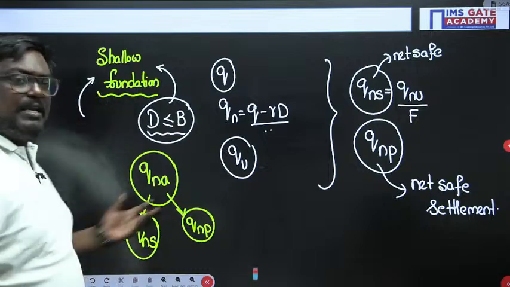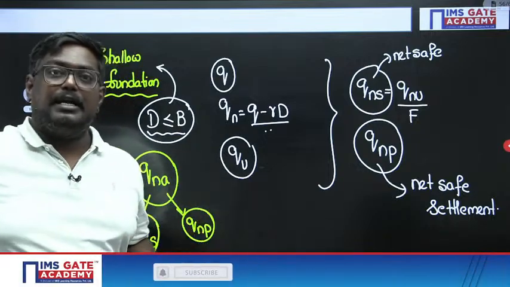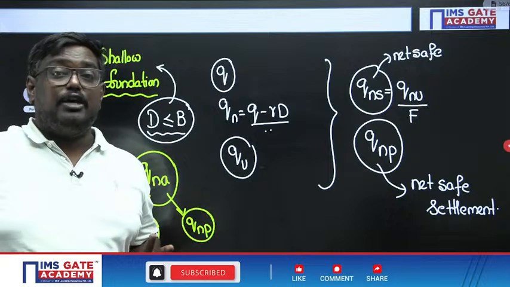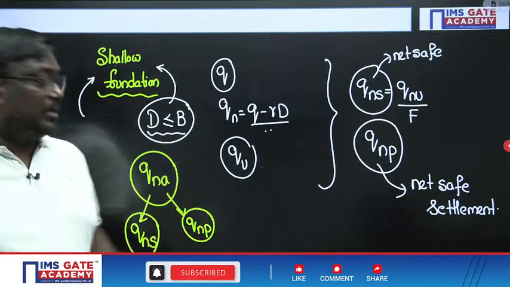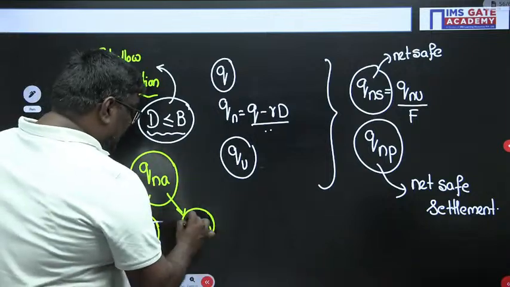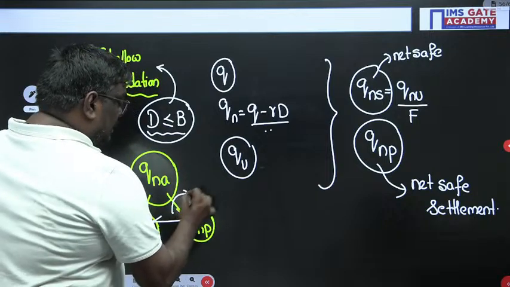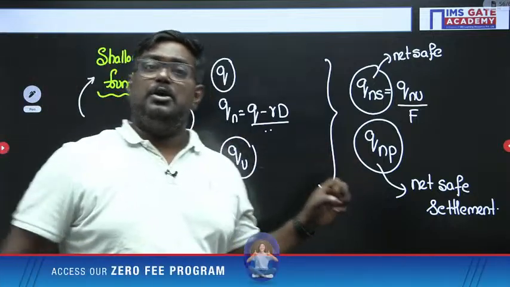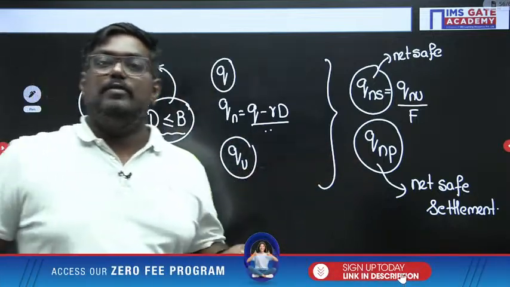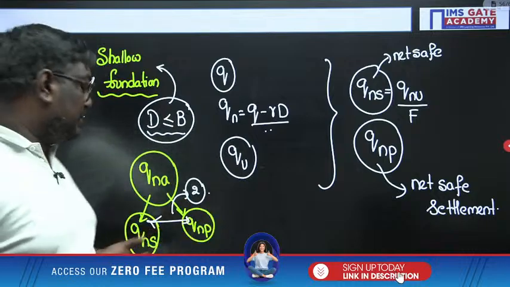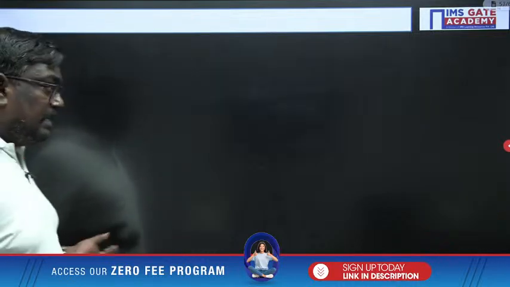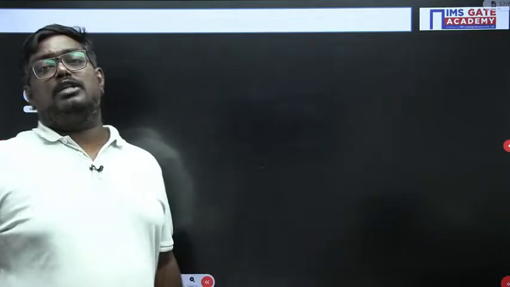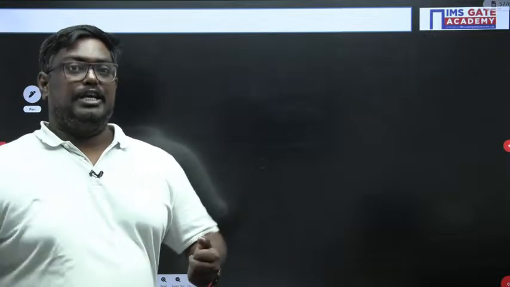It is the net pressure that can be applied without shear failure or excessive settlement. That is the reason they take the minimum of these two. So in design of foundation, they use net allowable bearing capacity, because it will not allow settlement or shear failure.